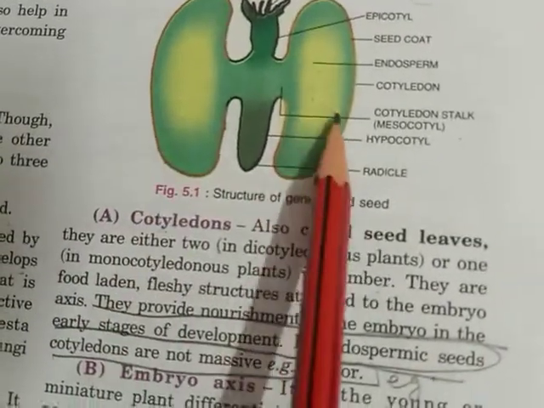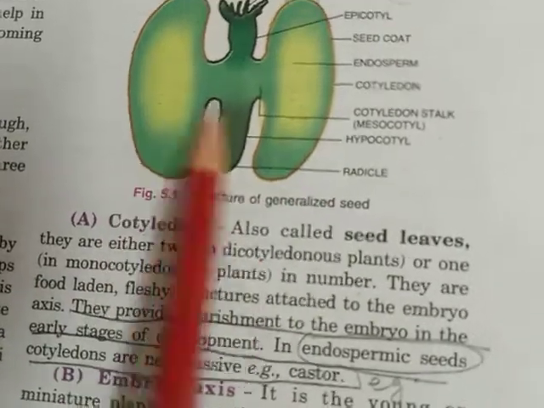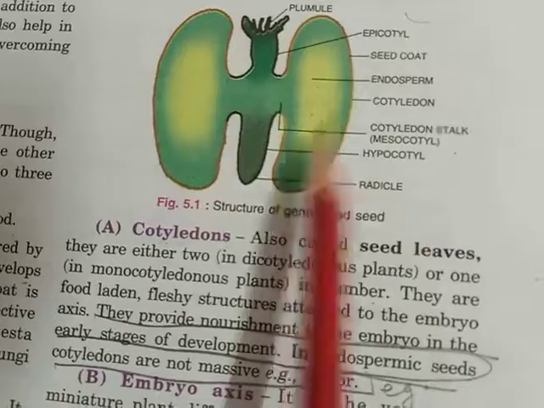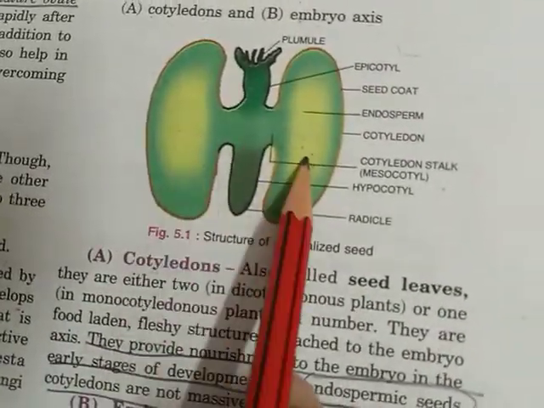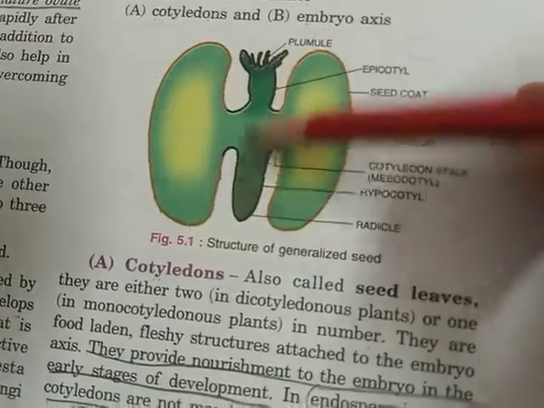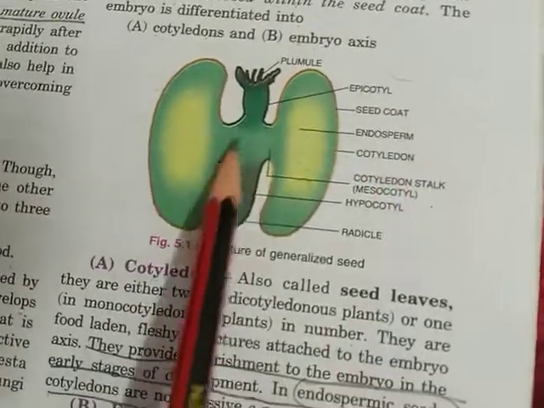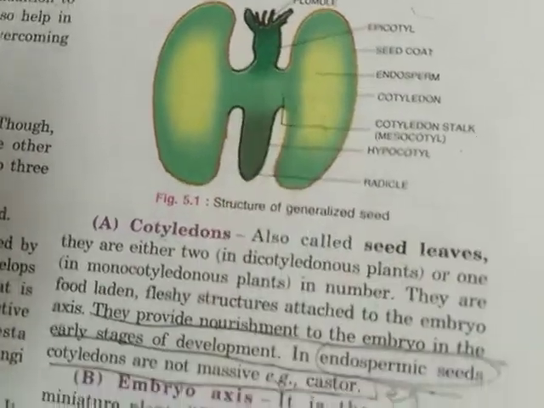Food-laden means they store the food. To these cotyledons the embryo axis is attached. You can see this is the embryo axis.